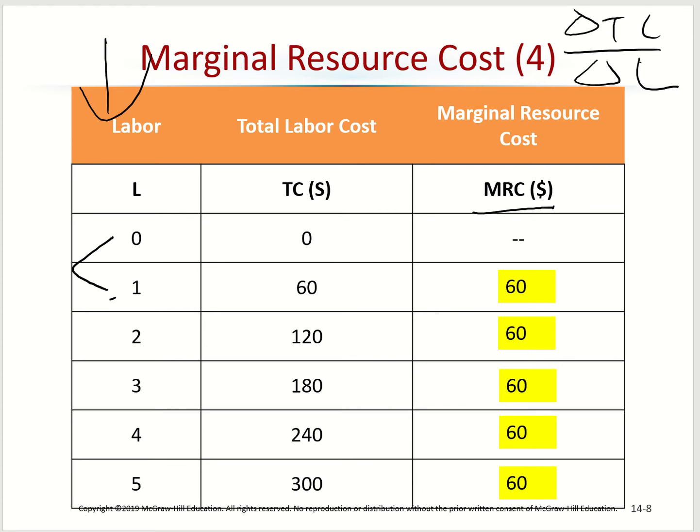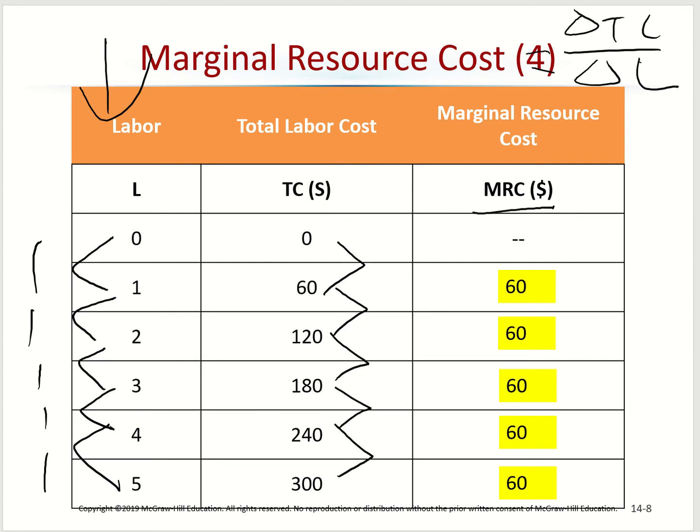Luckily again, the change at every level is just 1. But be careful, sometimes it might be other numbers, and if it's other numbers, you need to do the actual dividing. Since it's 1, it doesn't matter, because everything divided by 1 is itself. Next, we're going to find our change in labor cost, which will be just the difference between every level.